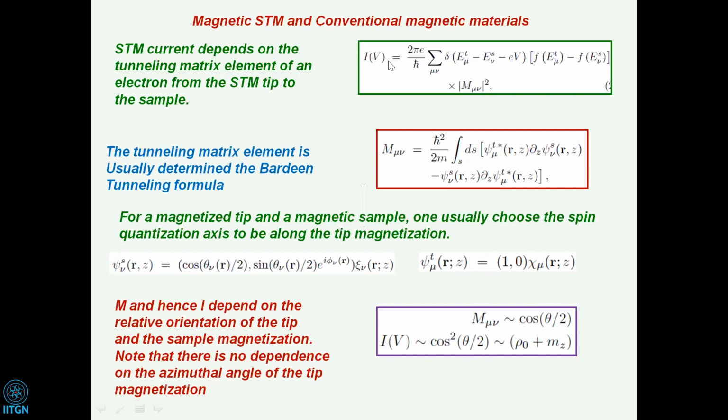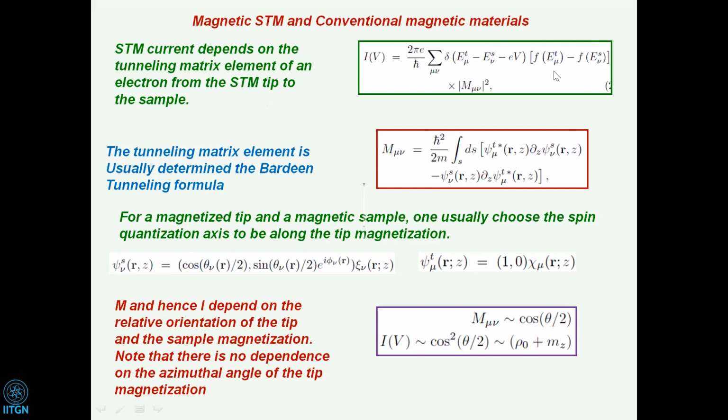Let us look a bit into how this works. When you try to calculate this current, it depends on the voltage, which must be equal to the difference in the energy of the tip and the surface electrons. And there is a Fermi factor.